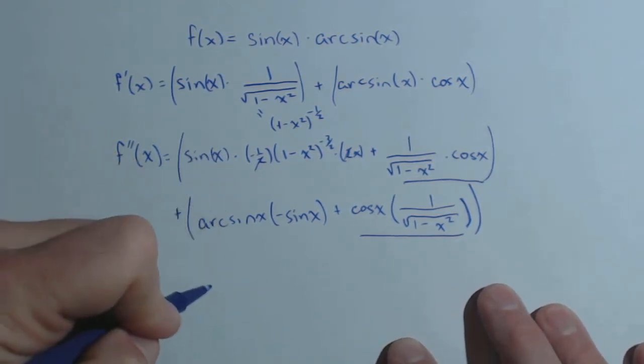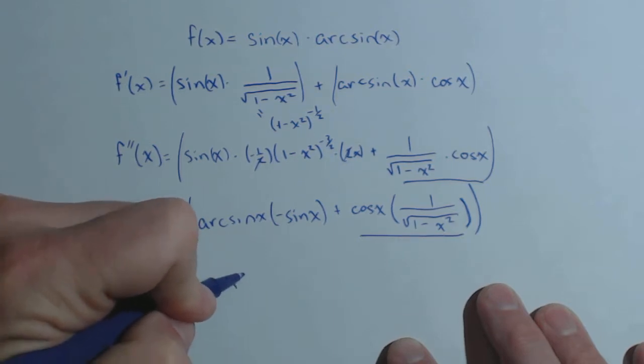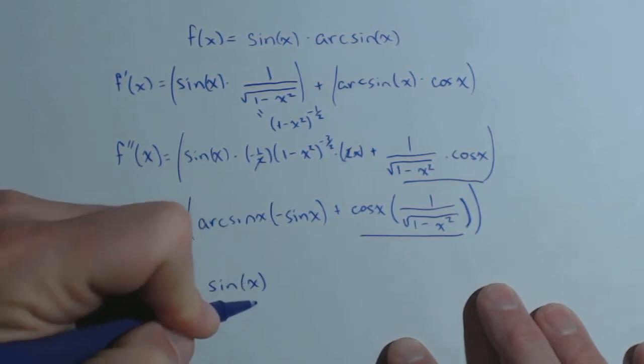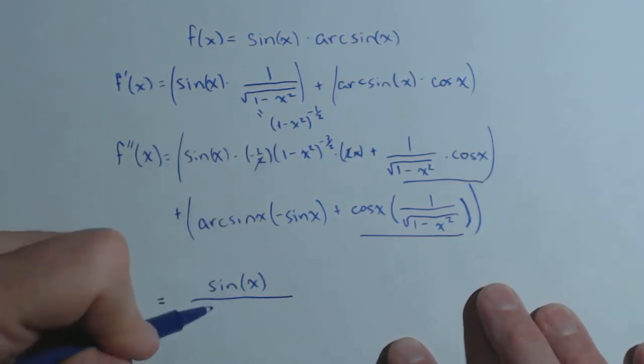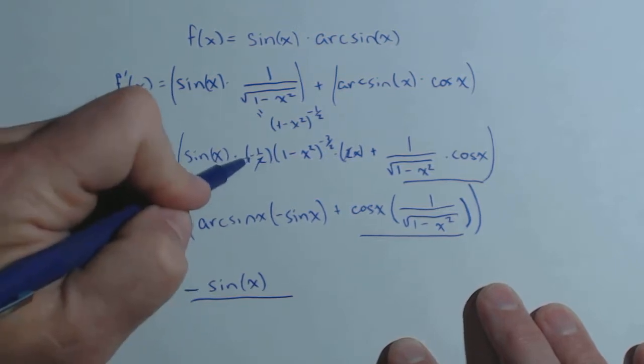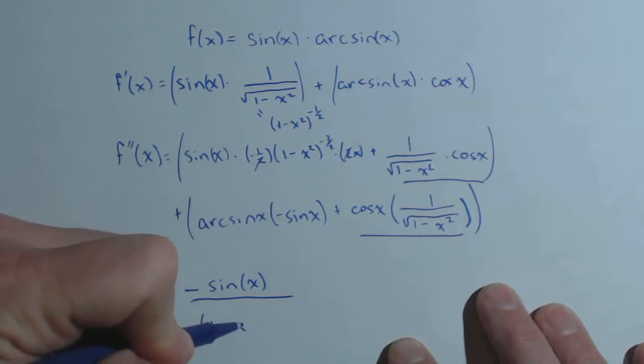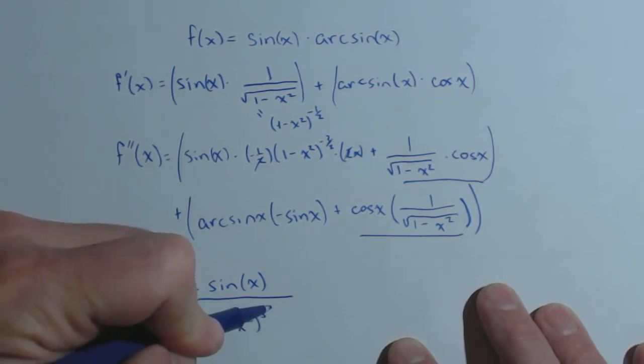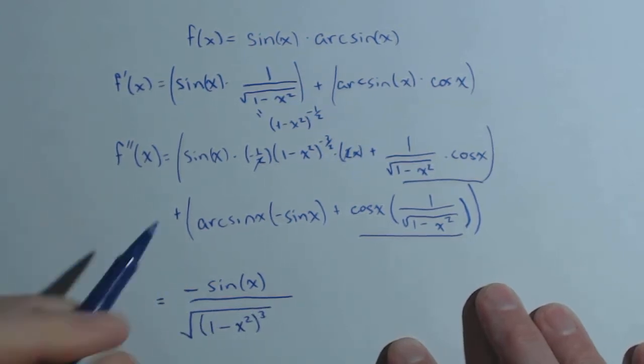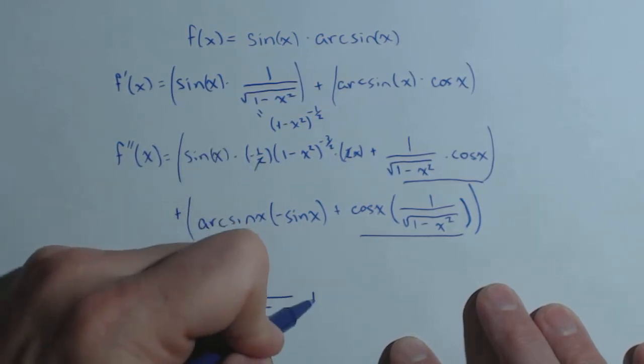So right here, we're going to have sine of x over what I was talking about before. It'll be negative because of this negative sign here. 1 minus x squared cubed, the square root of that, because that's what it means to take something to the 3/2 power.